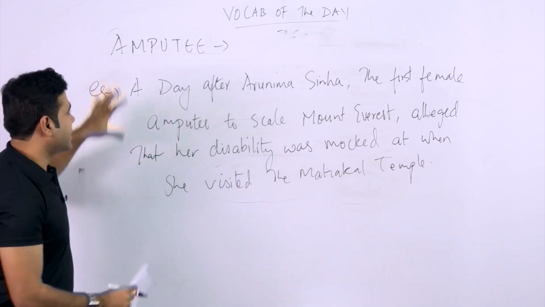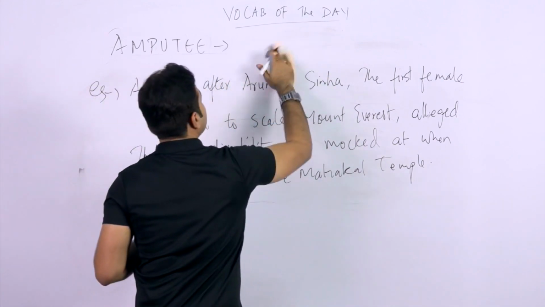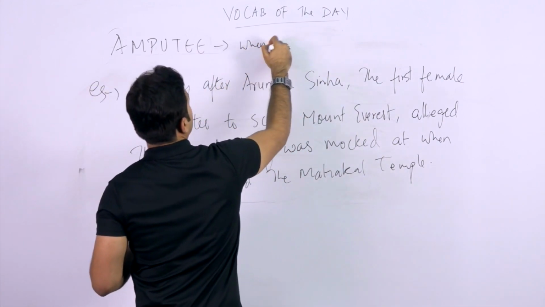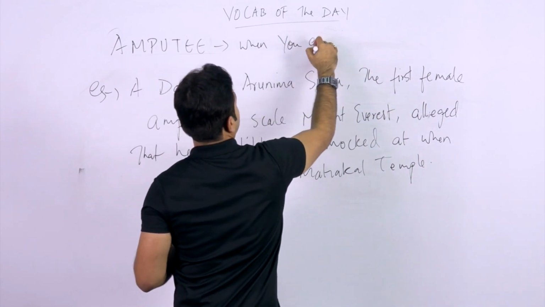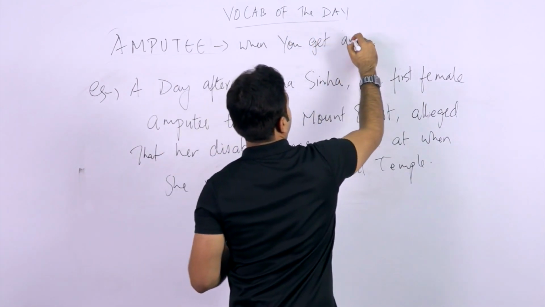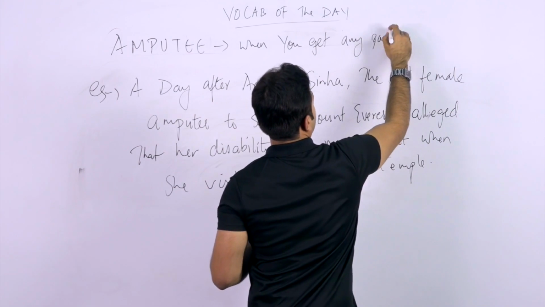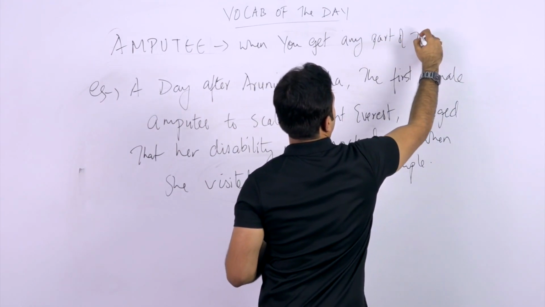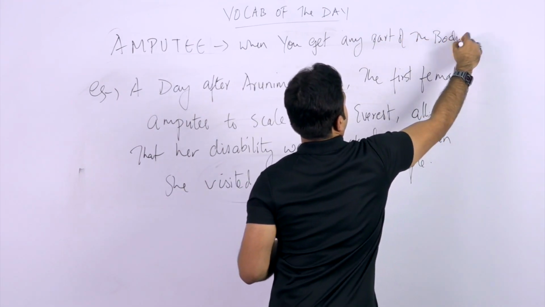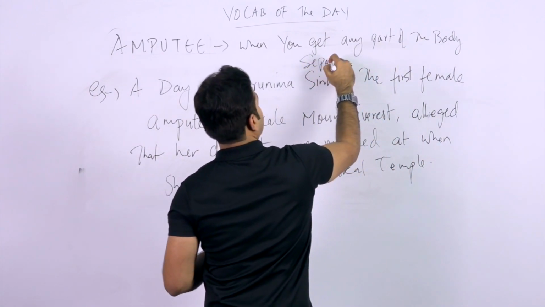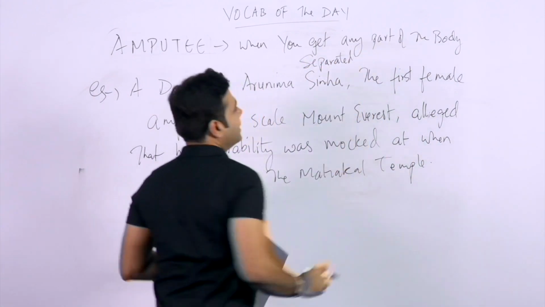I must first of all explain to you that amputee is a word used when you get any part of the body separated. Are you getting the meaning?